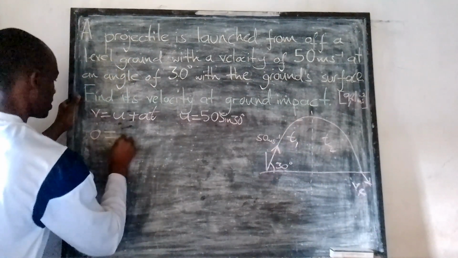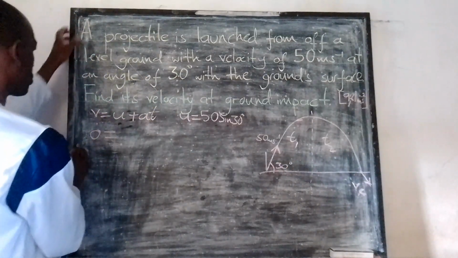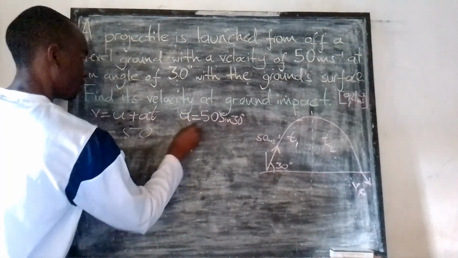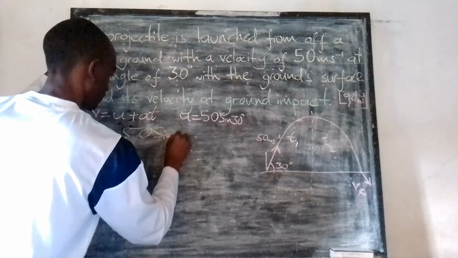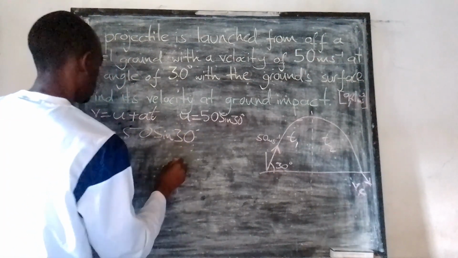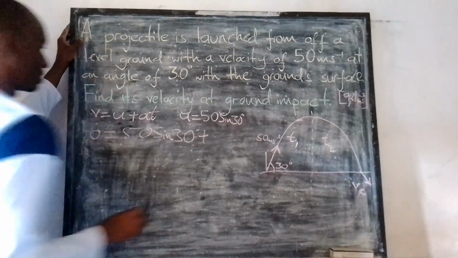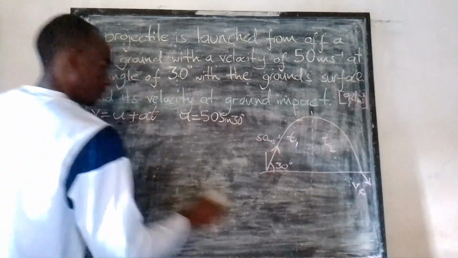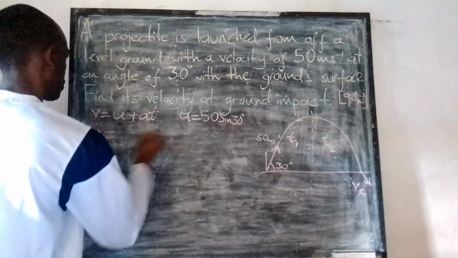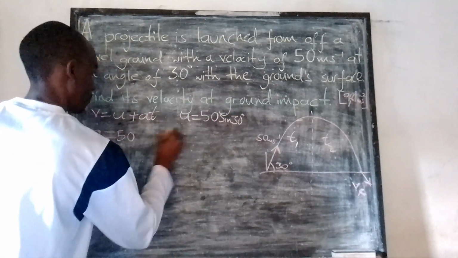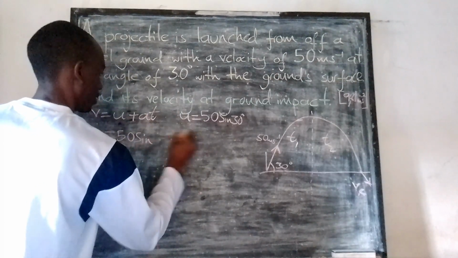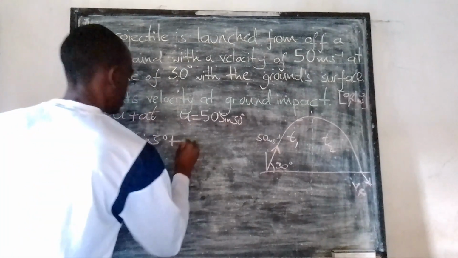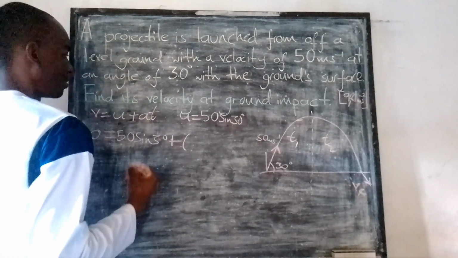So using this portion of the diagram, the final velocity at this point is 0. That is, the final vertical component of the velocity is 0. What is the initial? The initial is 50 sine theta, so 50 sine 30 degrees, minus 9.81.